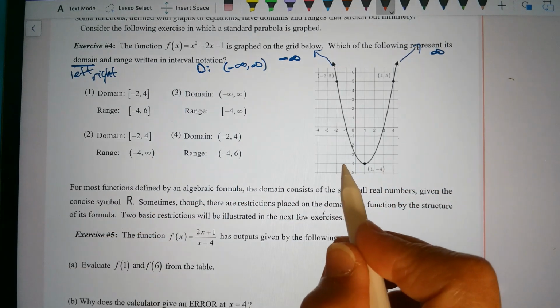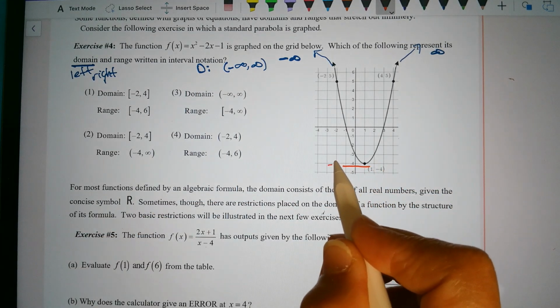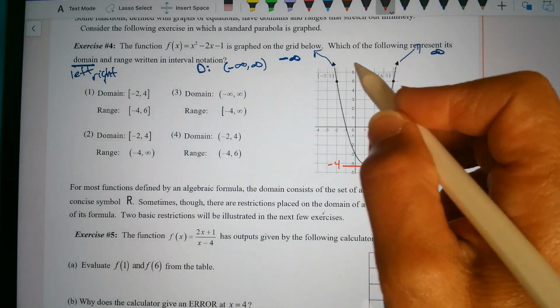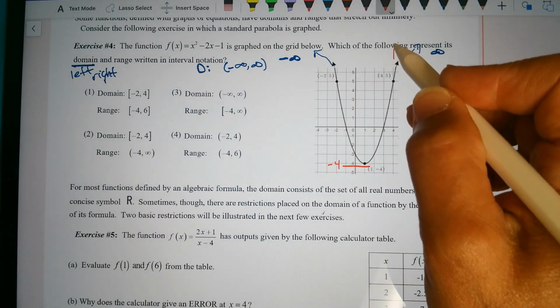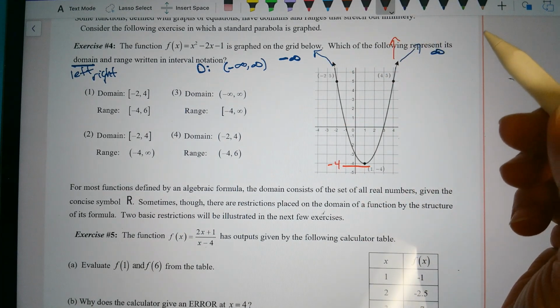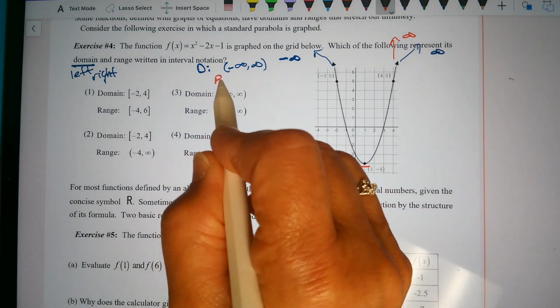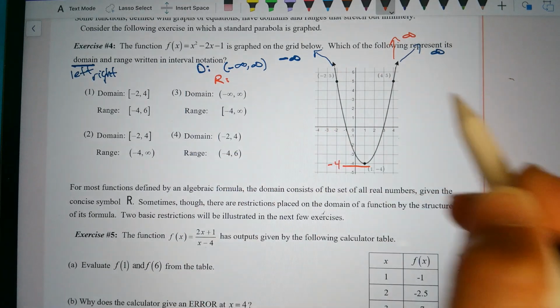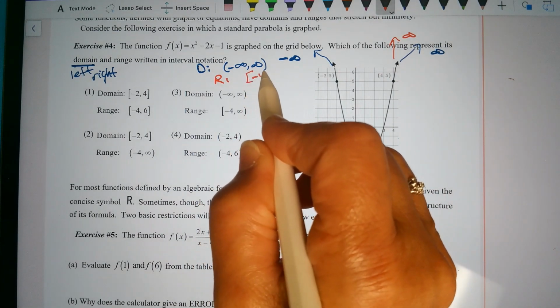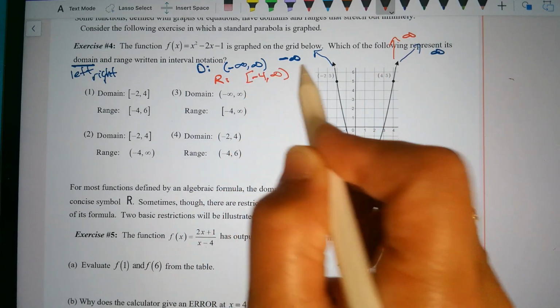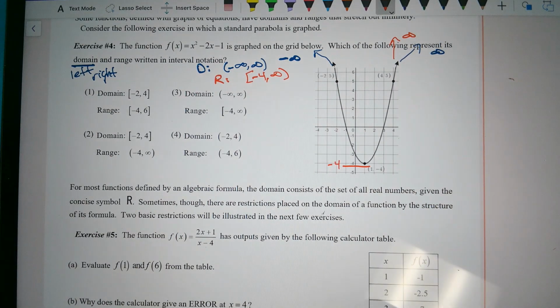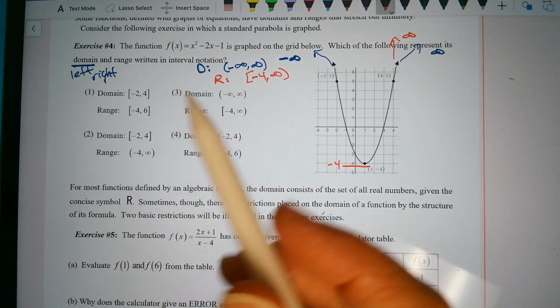Low first. Low is here, that's -4. And high, oh, here we go, but they keep going way up, up, up, you're at positive infinity. So our range would be from bracket -4 to positive infinity. So this matches choice 3.